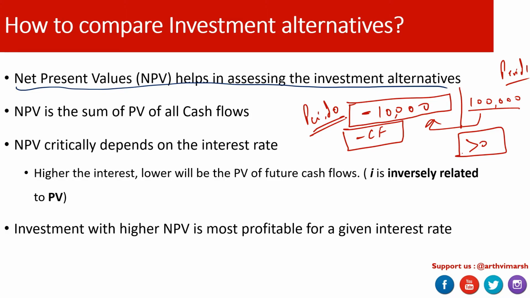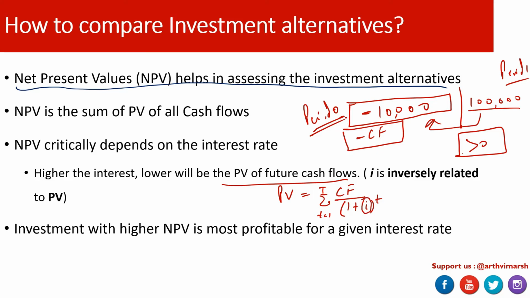Why? Because if the interest rates are higher, what will happen? Higher interest rates mean our present value will fall. We have seen this even in the formula. Our formula was that PV is a function of the cash flows divided by 1 plus the interest rate raised to the power t, summed over t equal to 1 to T. Say our interest rates are going up.